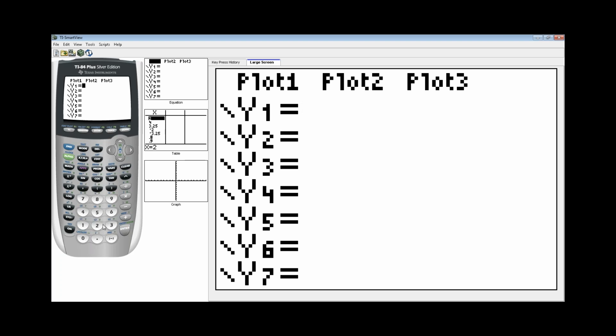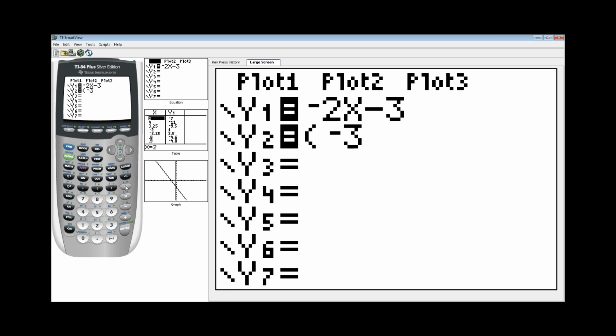So we'll start by doing negative 2x minus 3, using the negative symbol. Then we'll cursor down to the next one. That's negative, and I'm going to put my 3 over 2 in parentheses, negative 3 over 2, close parentheses, x minus 2.